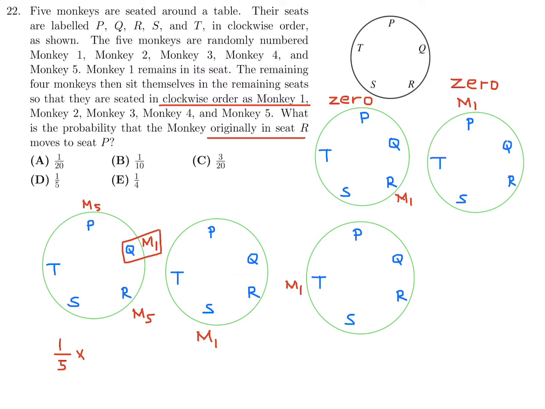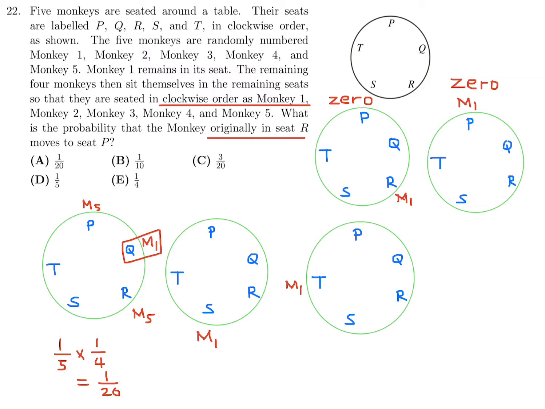So now monkey 5 has to choose between these 4 seats, and the probability of putting monkey 5 in one of those 4 seats is 1 over 4. So that probability is 1 over 20.